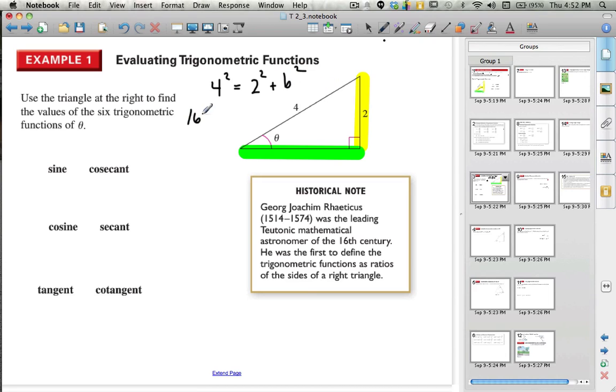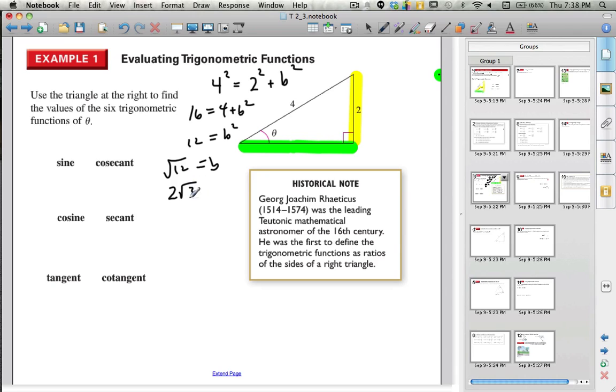So this would be 16 is equal to 4 plus b squared. So b squared will be equal to 12. So b will be equal to the square root of 12, or 2 root 3 when I simplify it. So this side has a length of 2 root 3.